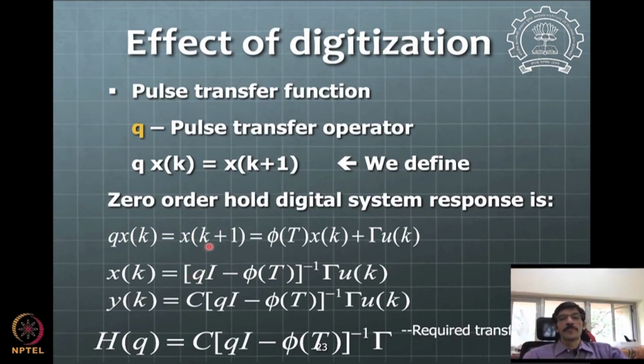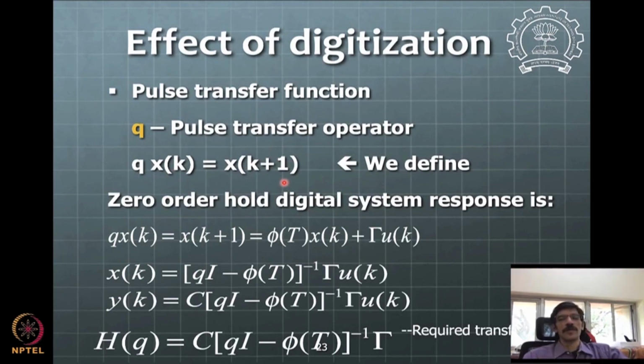So using the pulse transfer operator is one way of converting a system from continuous domain to digital domain, and Z transforms will be another way to do that. Okay, there are some subtle differences, although this property is the same for both the operators. There are certain differences between the two, which we will not get into right now.